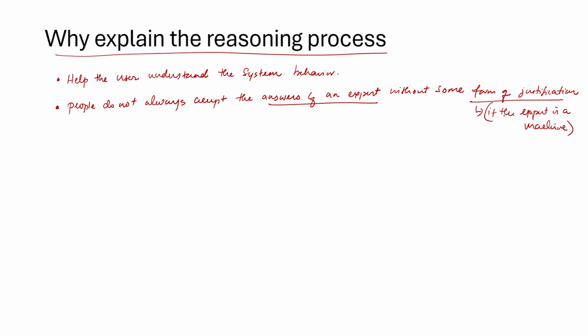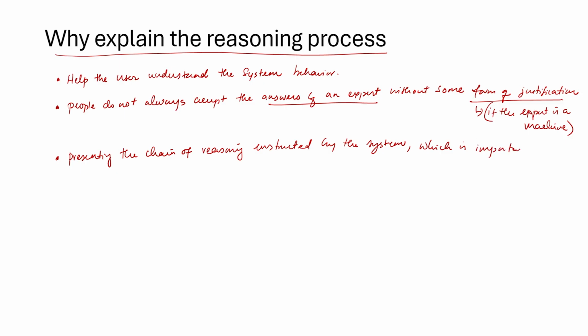Specifically if the expert is a machine, then presenting the chain of reasoning constructed by the system is important. Now, if we go back, we are saying that presenting the chain of reasoning constructed by the system, okay, is important. Okay, why is this chain of reasoning very important?